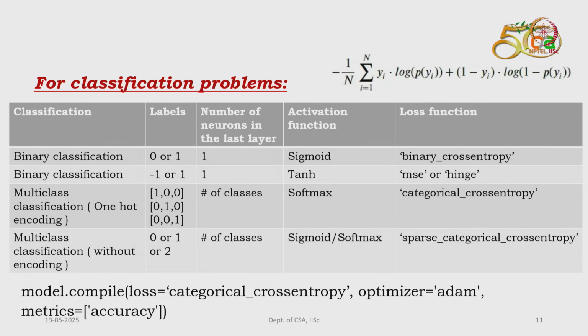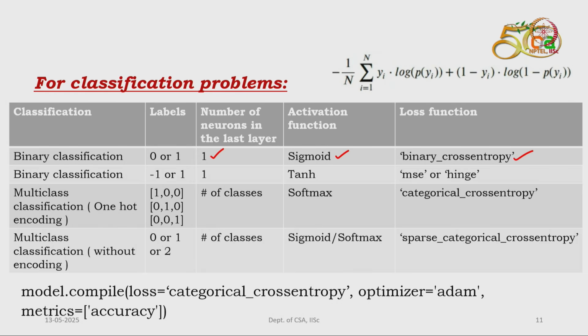This is a quick summary. If it is a binary classification, how many neurons do we place at the output layer? The number of neurons at the output layer is 1, and the activation function that we use is sigmoid, and we have seen the loss function is binary cross entropy loss.